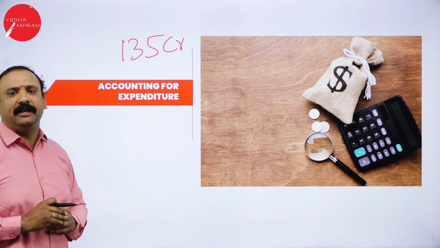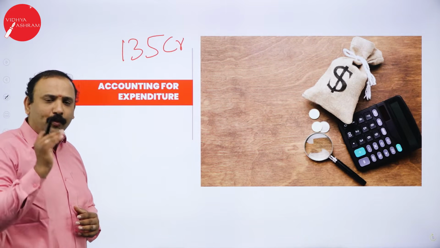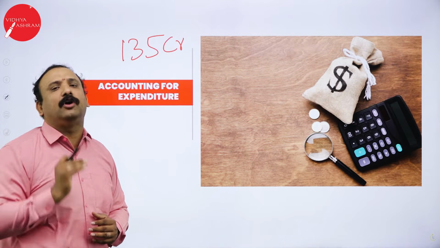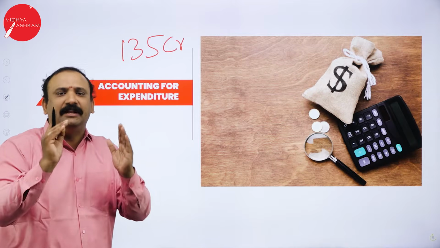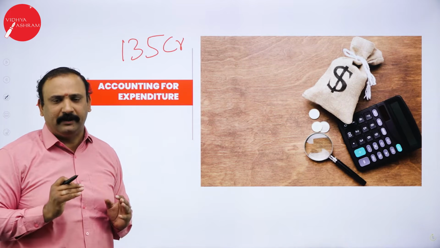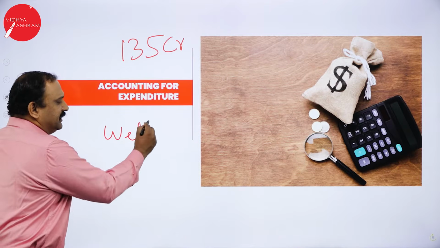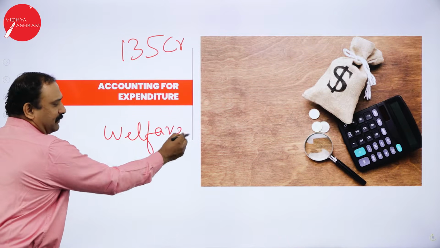Why is this very important? Every time the government decides that they have to spend an X amount of money for some development and welfare of the people, that development and welfare will come in different forms and factors.